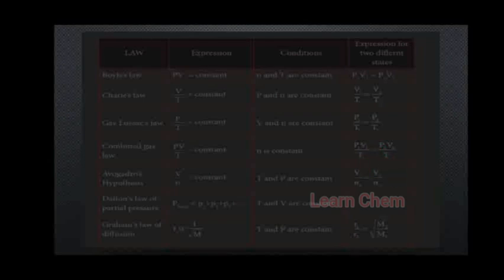Likewise, we have already learned Avogadro hypothesis and Dalton's law of partial pressure: the total pressure of the system is equal to the sum of the individual pressures of the gases present inside the system. And Graham's law of diffusion: the rate of diffusion is inversely proportional to the square root of the molar mass of the particular gas. Okay, let's go to the topic.